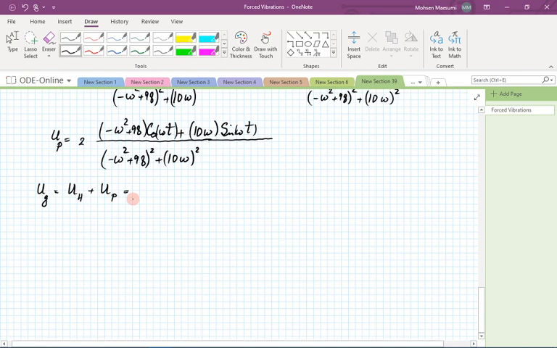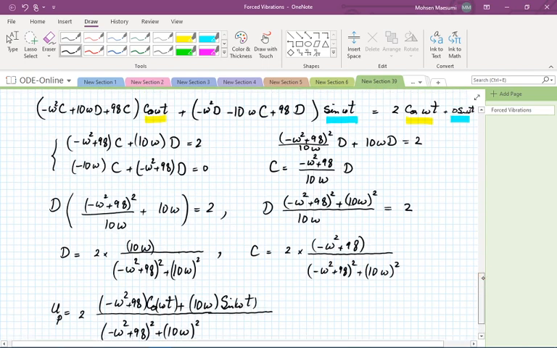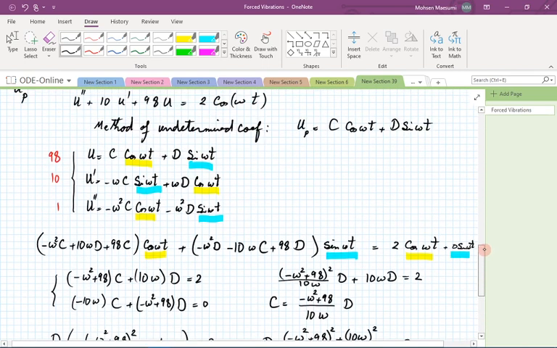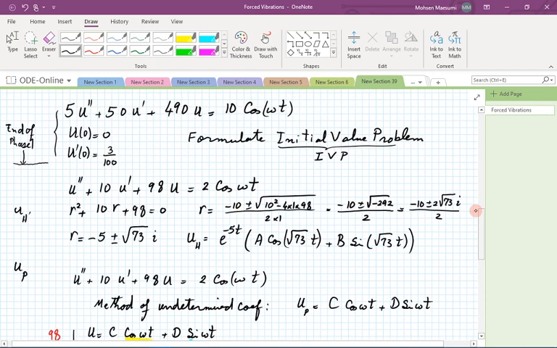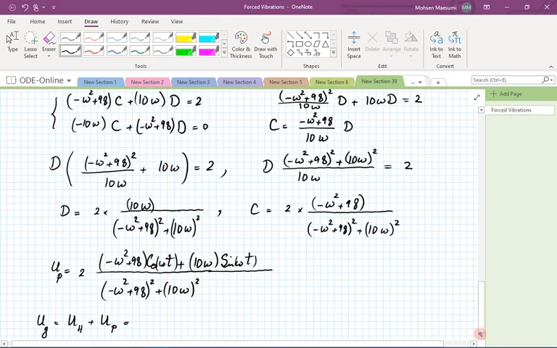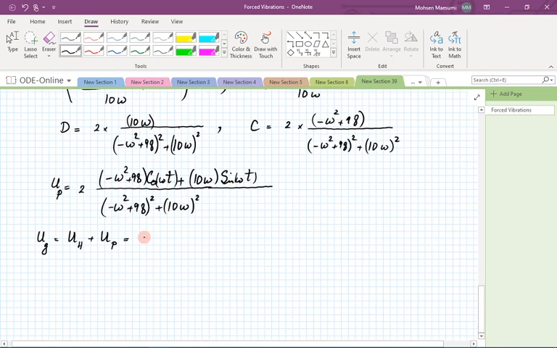Homogeneous is what we had before, you remember? The homogeneous solution is the solution without the presence of the external force. That's simply this. Still two loose ends in it. What are A and B? But we left that for the end. So you write that: exponential of minus 5t times a cosine of the square root of 73 t plus b sine of the same.